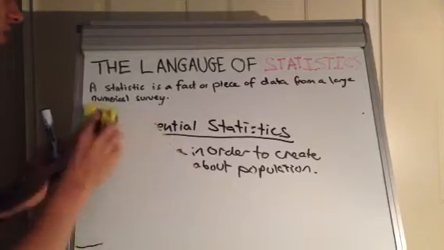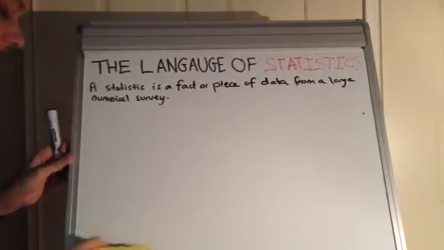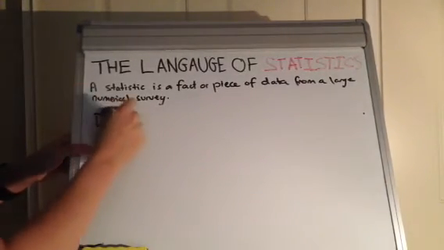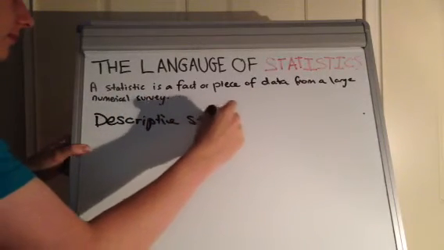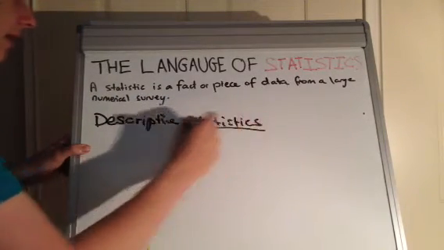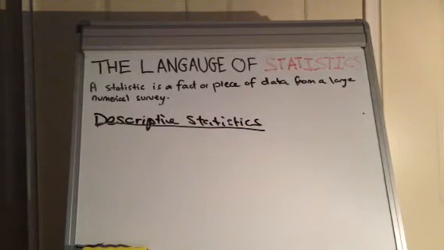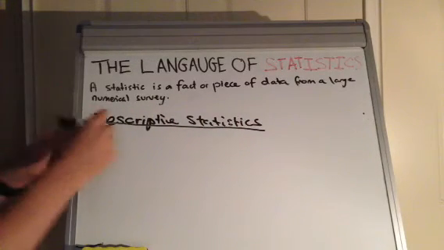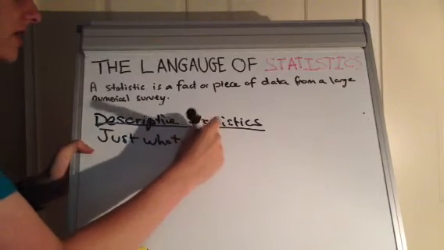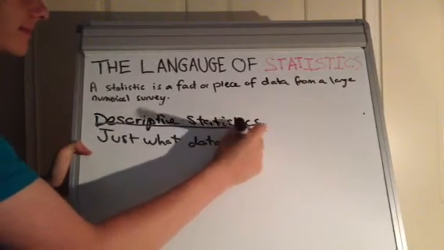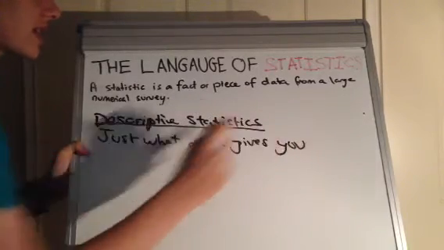So we have inferential, and then we have descriptive statistics. Okay, so descriptive statistics generally look at just what a number set gives you, just what the data gives you. They don't generally extrapolate, they just look at a number.